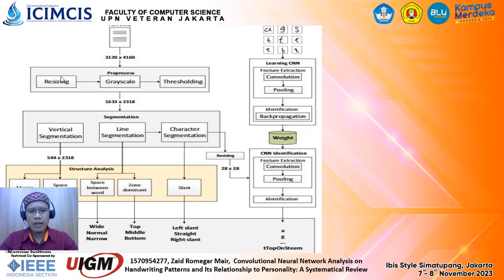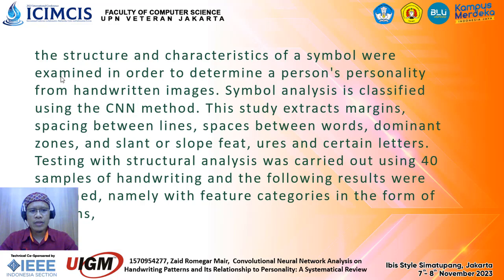CNN identification uses feature extraction, convolution, pooling, and identification. So the structure and characteristics of the symbols were examined in order to determine a person's personality from handwritten images. Symbol analysis is classified using the CNN method.